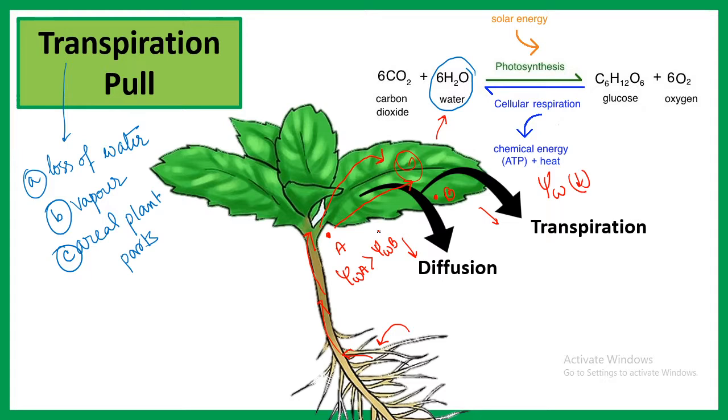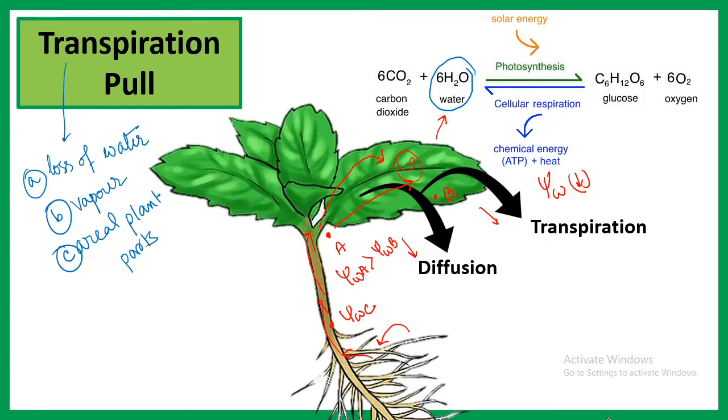As water flows away from A to B, the water potential of A will decrease further. So the water potential of A will fall and become lesser than the water potential at C. Right? Understood this concept?